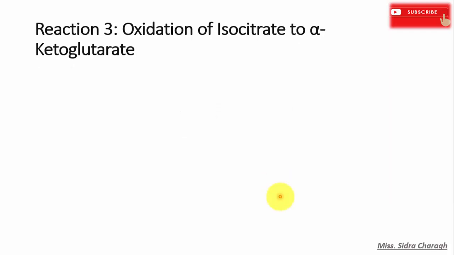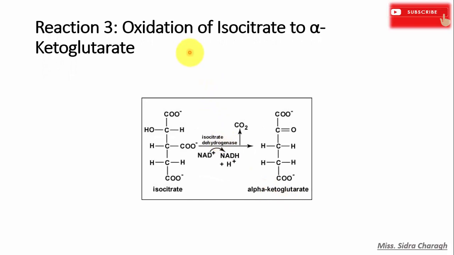Step 3 is the oxidation of isocitrate to α-ketoglutarate. In this step, isocitrate dehydrogenase catalyzes the oxidative decarboxylation of isocitric acid and it forms α-ketoglutarate. In this reaction, the generation of NADH from NAD is seen.